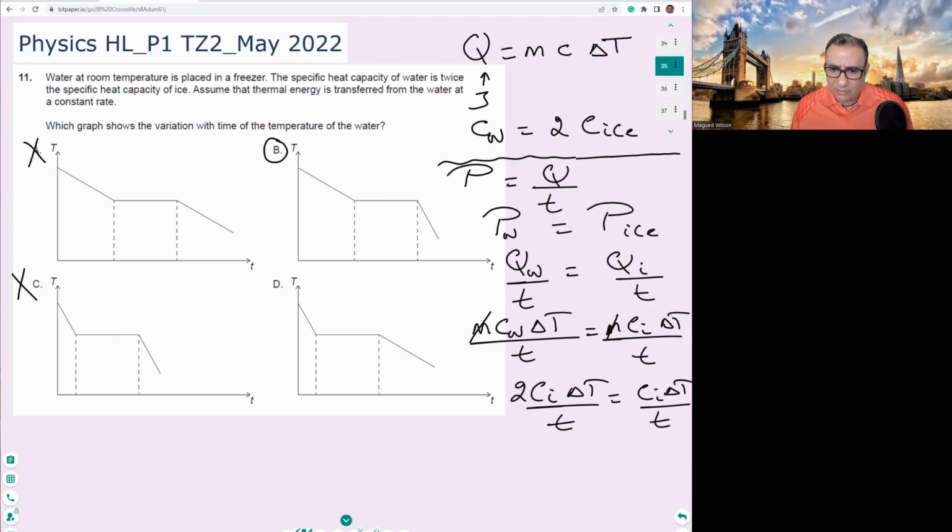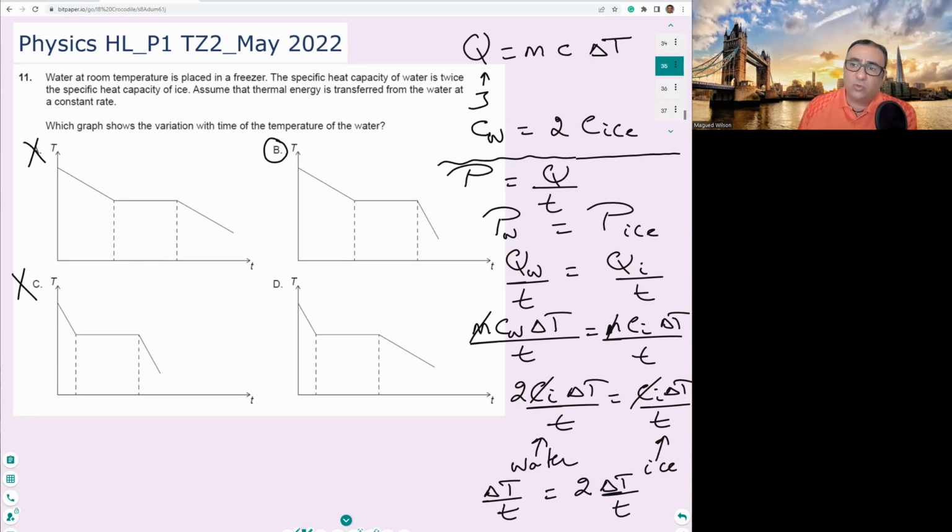Now, what we can say is we can actually cancel c_i with c_i, right? So you end up with, let me just rewrite it: this is delta T over t for ice, and this is basically for water, right? So for ice, we can say delta T capital over small t is equal to twice delta T over t for water, right?